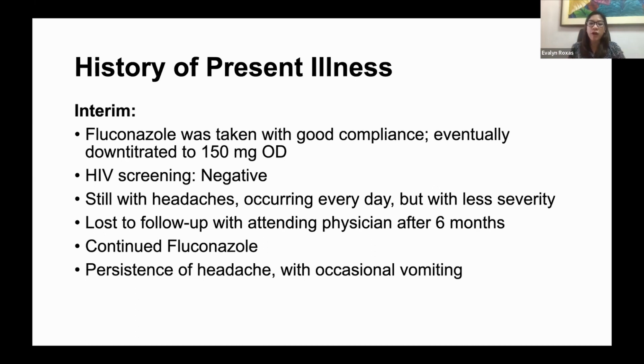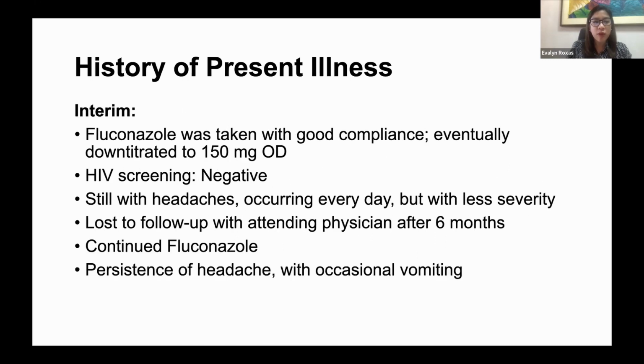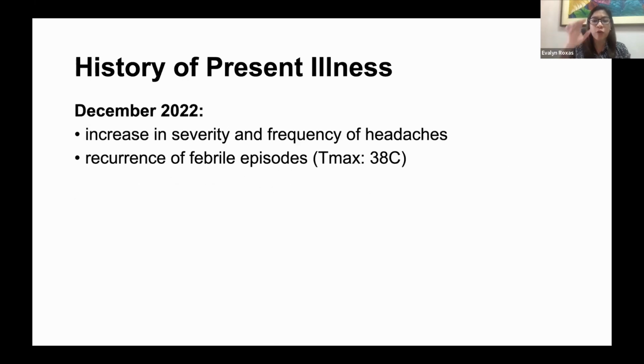He was then lost to follow-up with the attending physician after 6 months. But he continued fluconazole and he noted a persistence of headache, again, still with occasional vomiting. Last December 2022, so after about 1 year, he noted an increase in the severity and frequency of headache and a recurrence of febrile episode.